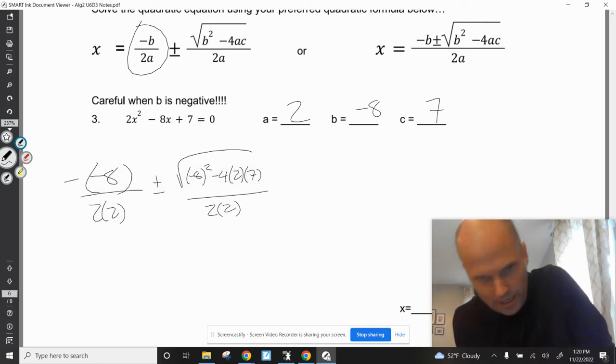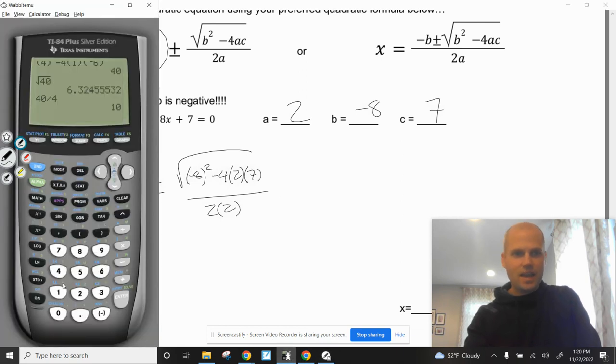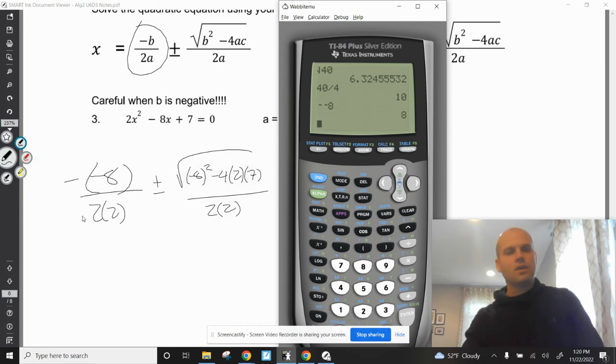Just use the formula, guys. It's not that bad, but you got to do it. Now, the opposite of negative 8 is positive 8. So this is positive 8 over 4. If you make a mistake and do 8 divided by 2 times 2, you're going to get the wrong answer.